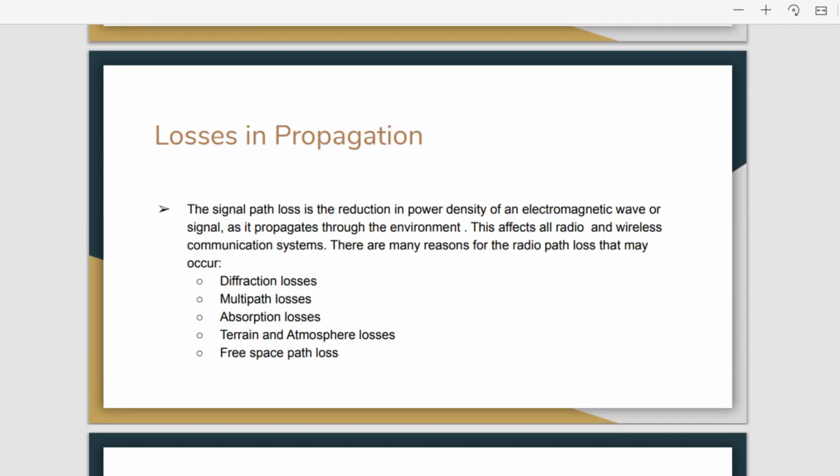Losses in propagation. The signal path loss is the reduction of power density of an electromagnetic wave or signal as it propagates through the environment. This affects all communication systems.